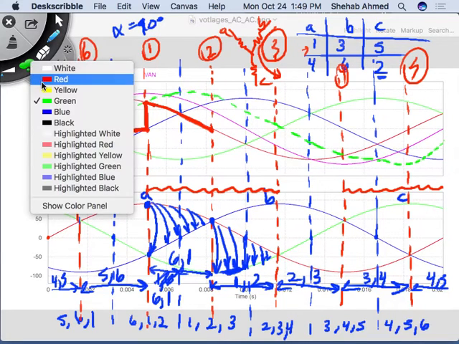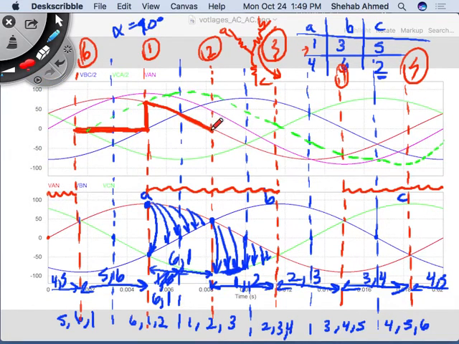Right, so voltage will look like this all the way until here, correct? And then 0, nothing here. And then it will be a mirror of this.